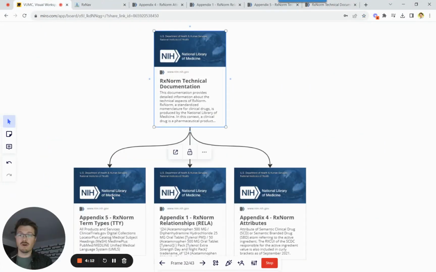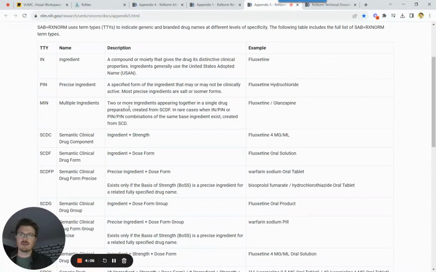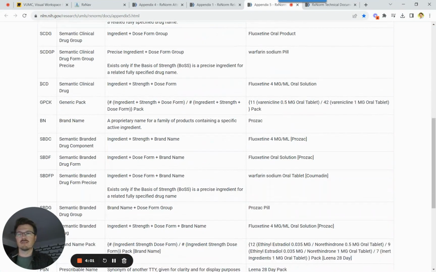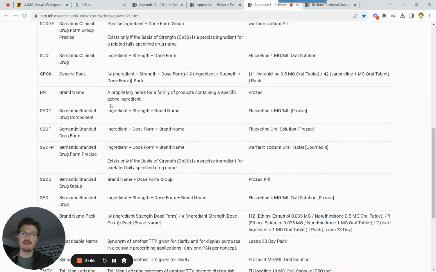The other important concepts to know when you're working with RxNorm data are term types. We talked about these a little bit in previous lessons. This is things like a SCD for a clinical drug, which is ingredient, strength, dose form. Things like multiple ingredients, MIN, versus individual ingredients, IN.